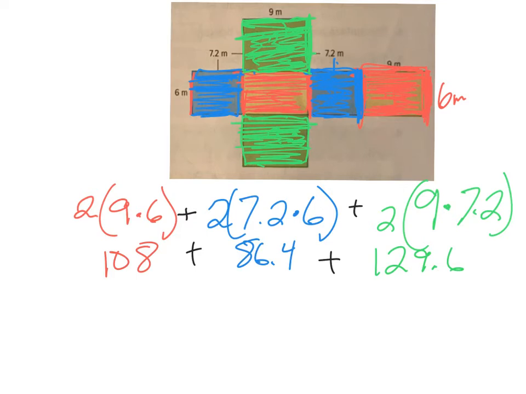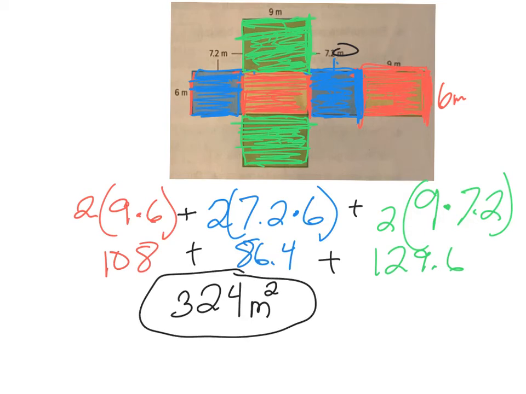And now we add all those up. 108 plus the 86.4 plus the 129.6 equals 324. And I know we're dealing with meters, and it's this area, so it's squared. There's my answer. Okay.